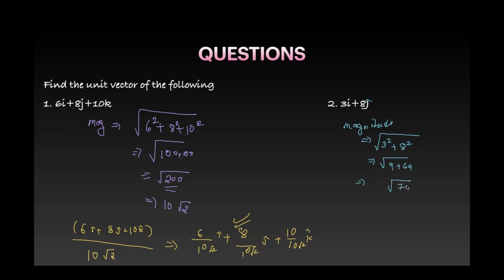Root of 73. So 73 is a prime number. Now, how do you find a unit vector? Write the vector as it is: 3i cap plus 8j cap. Then divide it by its magnitude, root of 73.